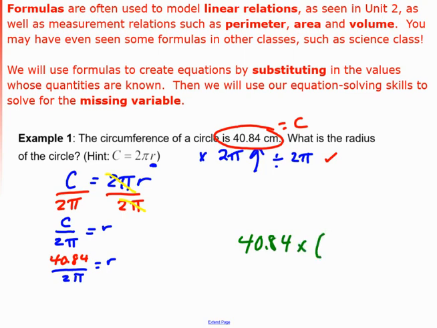And then I would bracket the 2 pi, because that bracket's going to make sure that the calculator reads it together. We're going to divide. So 40.84 divided by, and then I would press equal. If you put it all in one, and you have one of those calculators that has a large display, that will do it in one step for you.